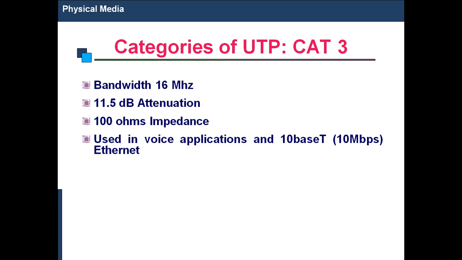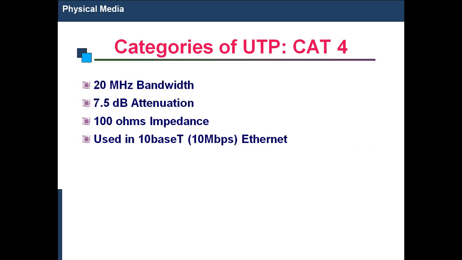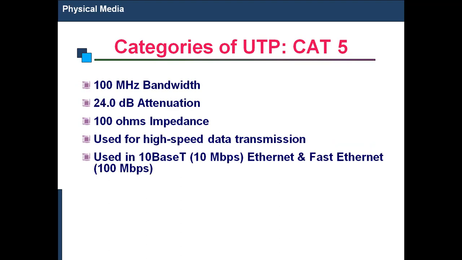This is especially used for voice applications and the transmission of data by 10 Mbps Ethernet. Next, category 4: 20 megahertz with an attenuation of 7.5 dB and a load impedance of 100 ohms. It also supports only 10 Mbps for data transmission.